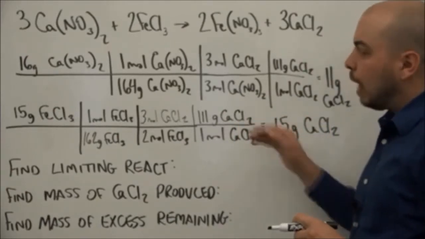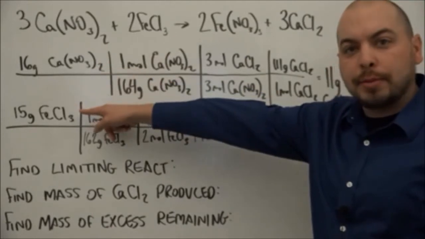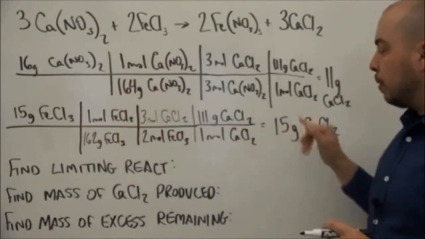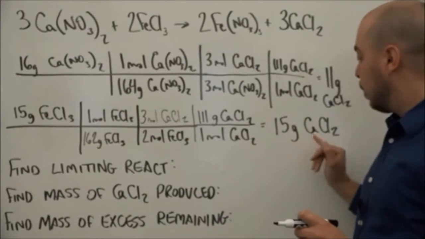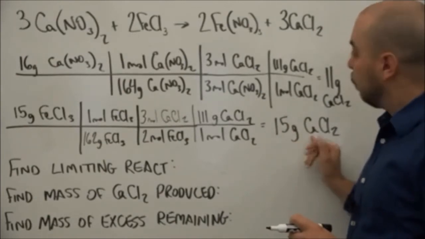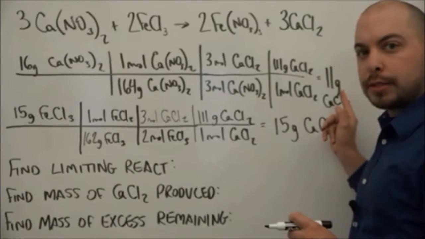Now, as we can see, from 15 grams of our iron chloride, we're going to be able to produce 15 grams of calcium chloride. Now, we compare our 2 products.